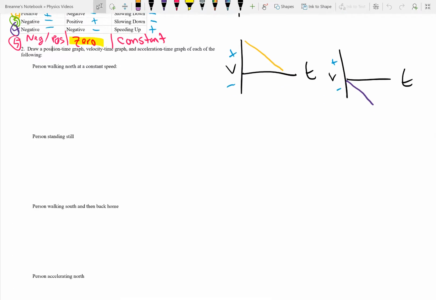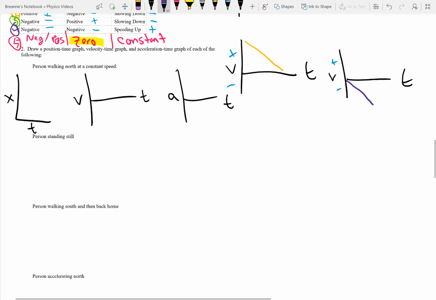So now we're going to be drawing a position versus time, velocity versus time, and acceleration versus time graph. So a person walking north, so that's a positive direction, at a constant speed. So that means our slope is constant.